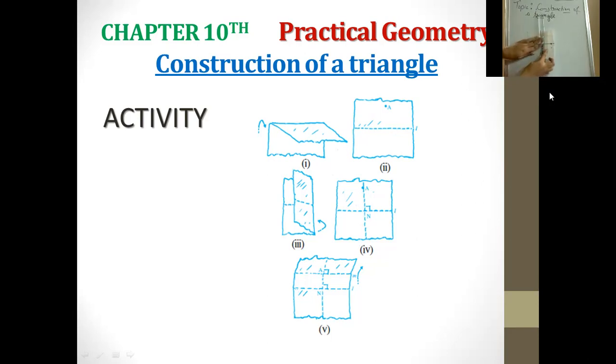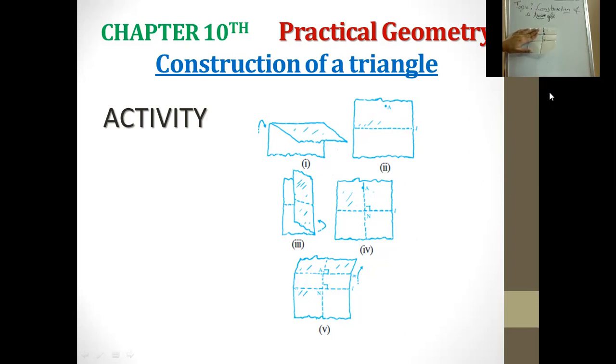I'm again darkening the highlighted crease line. Yes. So what can you notice now? Another perpendicular line making a 90-degree angle, a right angle triangle.